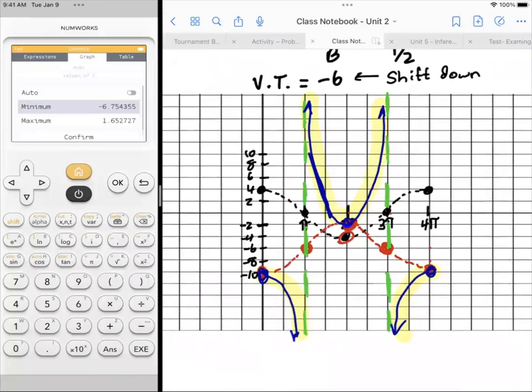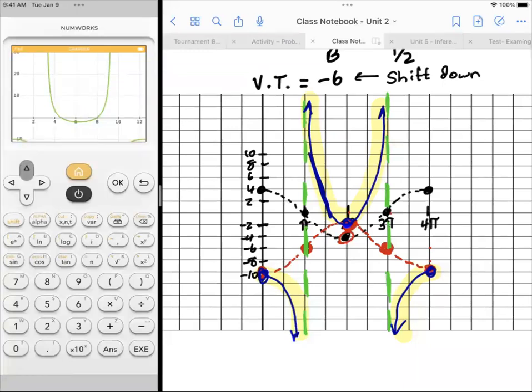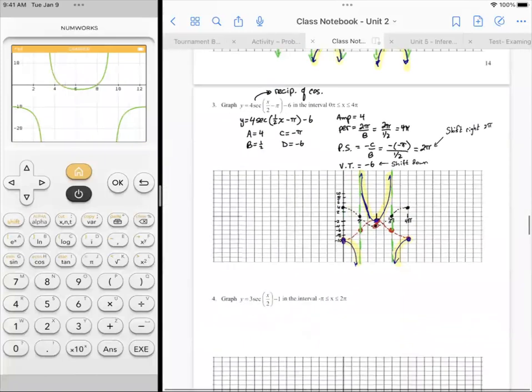I'll go like -16 to 16. Confirm. Again, it's not perfect, but at least it shows that you have the right ingredients in the right places. So something like this. And it seems to fit what I have on paper, although it looks nicer on the calculator screen.